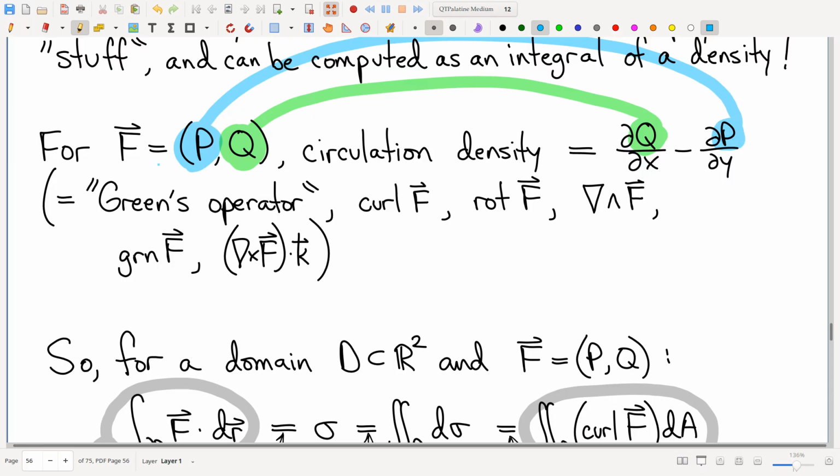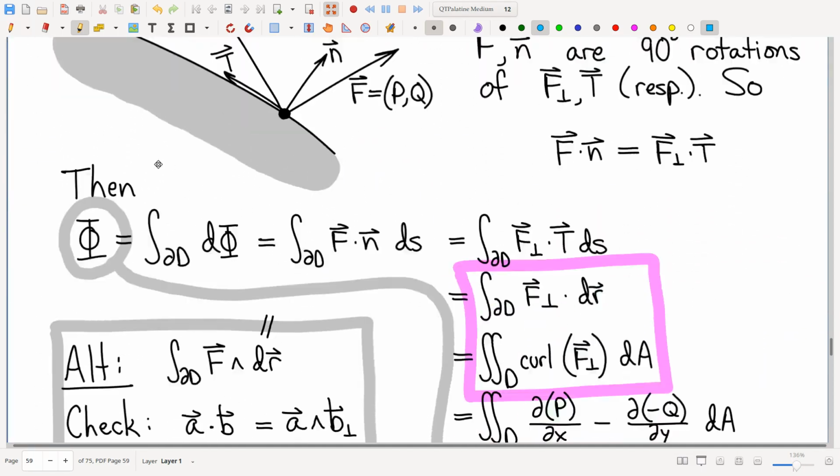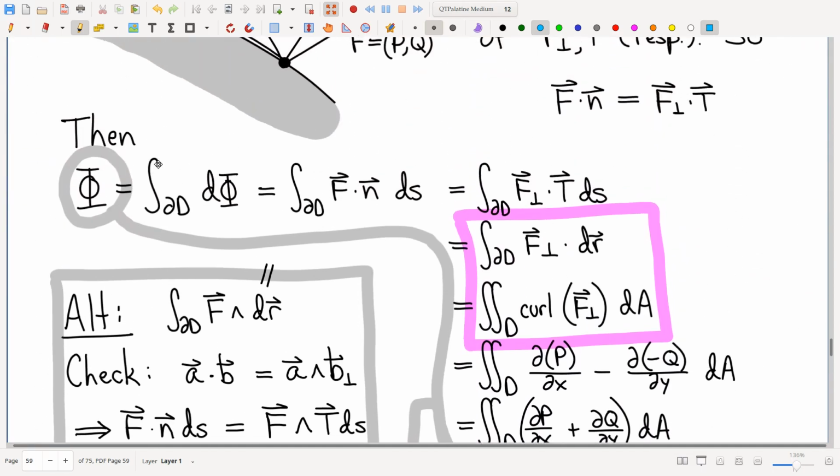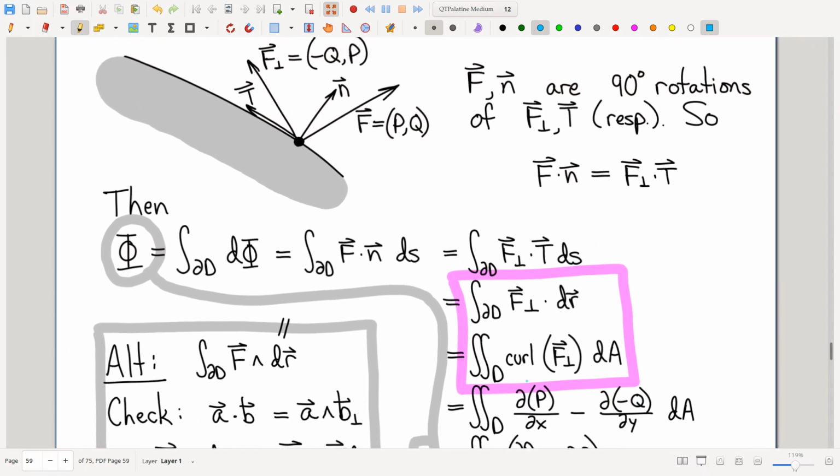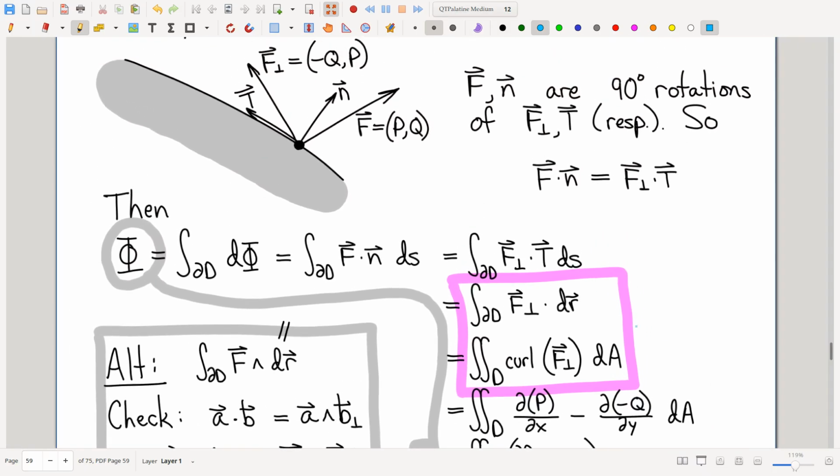So with that in mind, let's compute curl here.